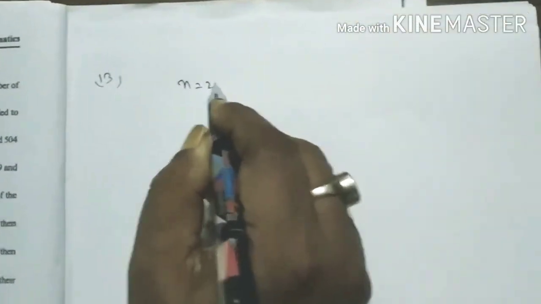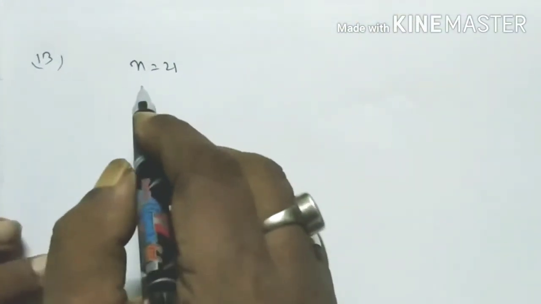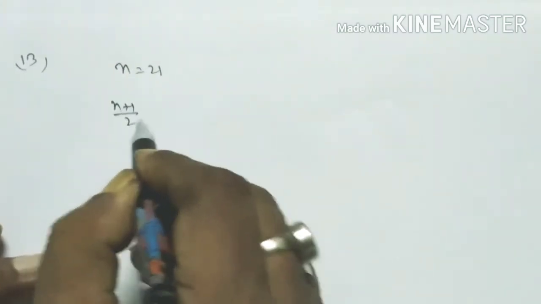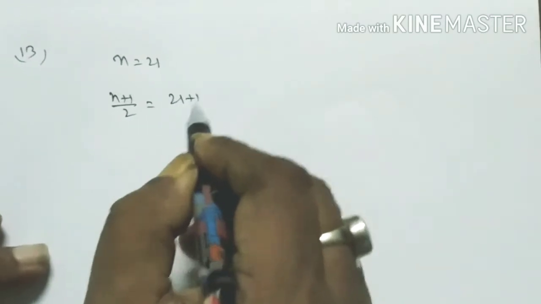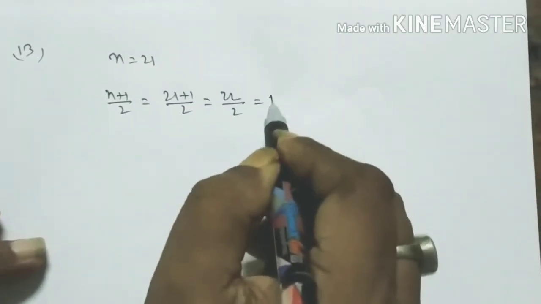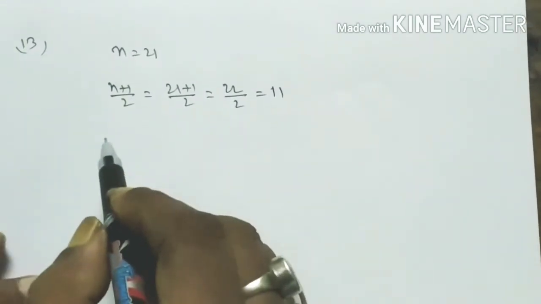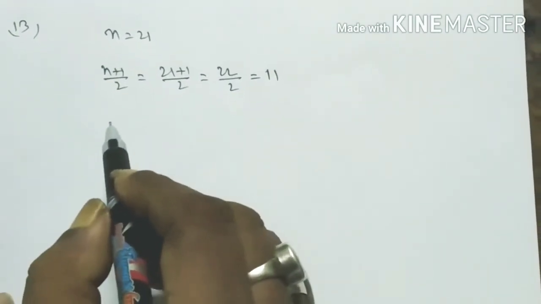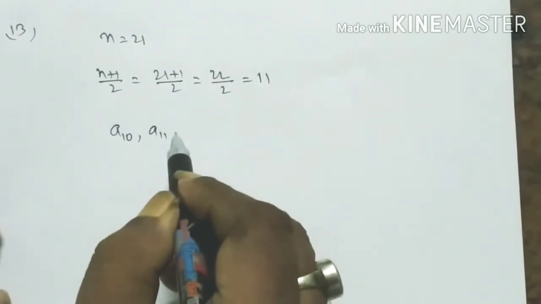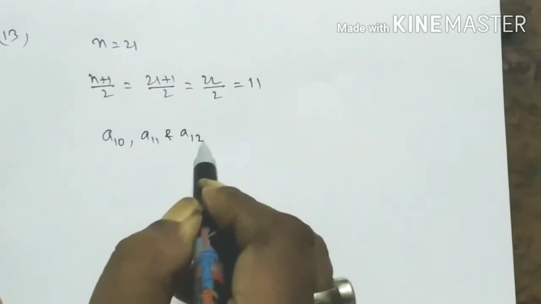As the number of terms is 21, our middle term will be (n plus 1) divided by 2, that is 22 by 2, equal to 11. So our 3 middle terms will be A10, A11 and A12.